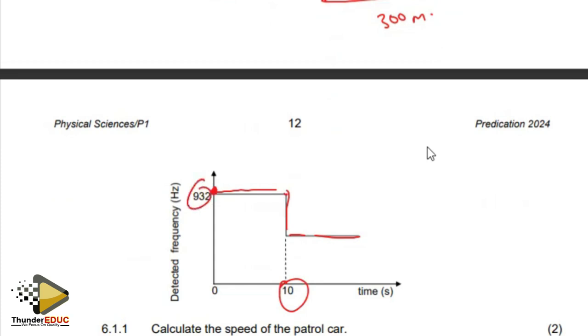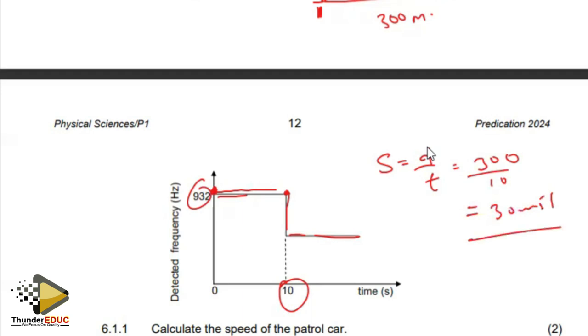So this 932 hertz is going to last for 10 seconds, which means that this car, the vehicle, is going to move for 10 seconds before it gets to the observer. All right. So if I use speed equals distance over time, which is 300 over 10, which is 30 meters per second. I don't know. That's what I'm getting.